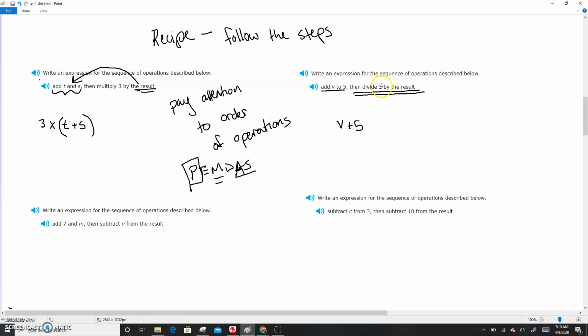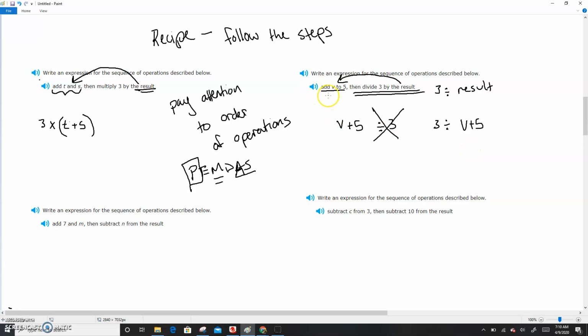Now, we see the phrase divide by 3, so we might be particularly interested in doing this. But this is not correct. We want to divide 3 by the result. So we wanted to have 3 divided by the result. So what we're actually interested in is this. 3 divided by v plus 5.